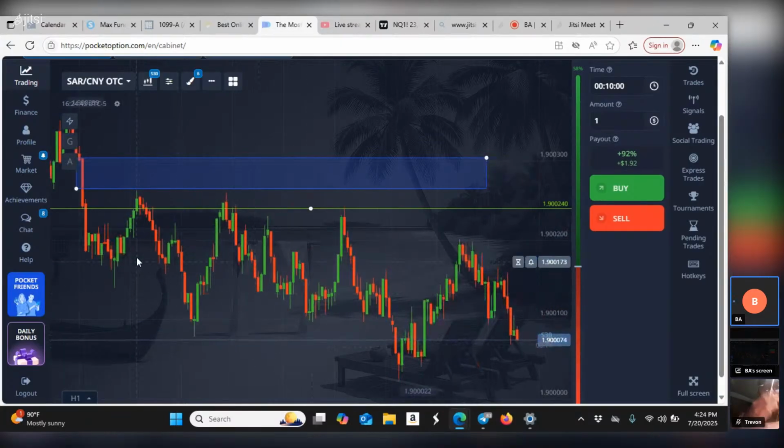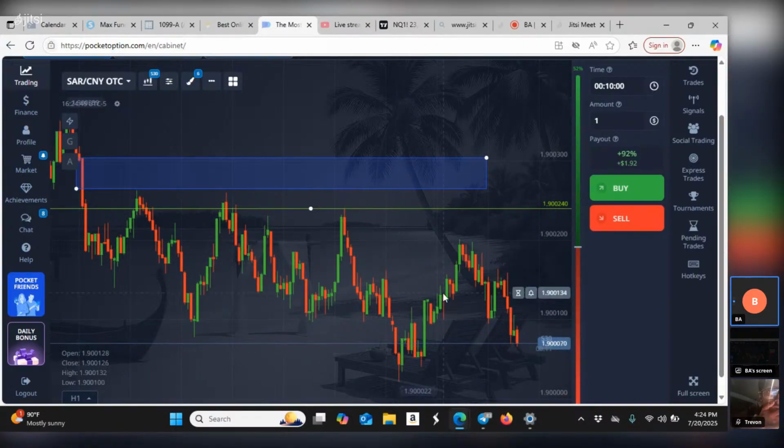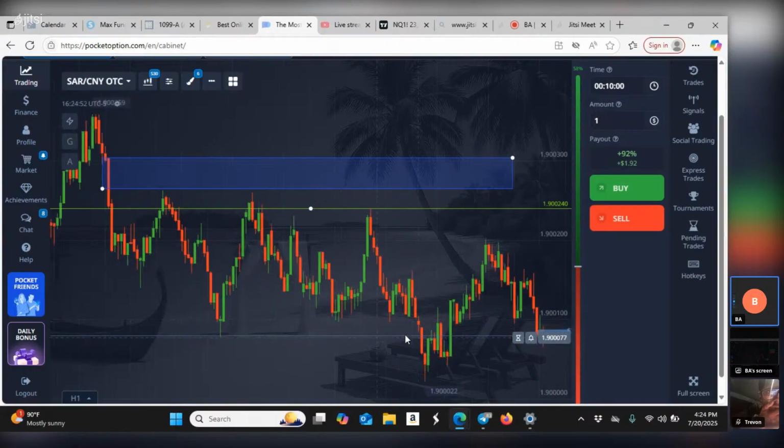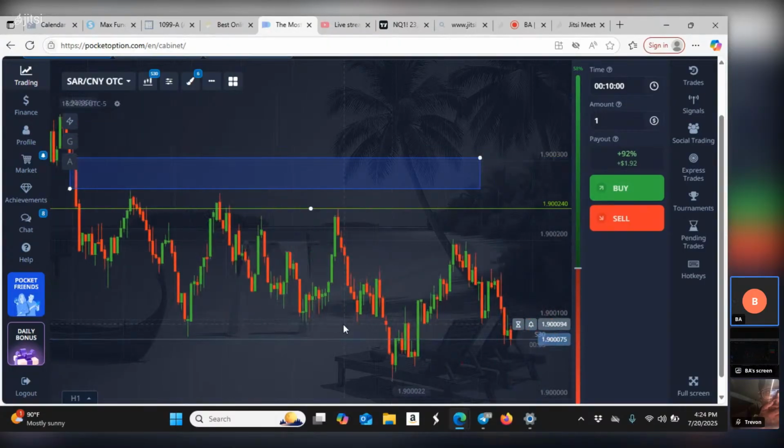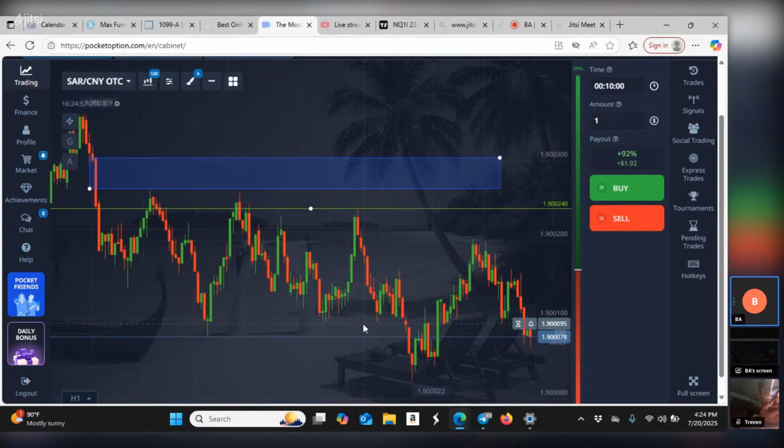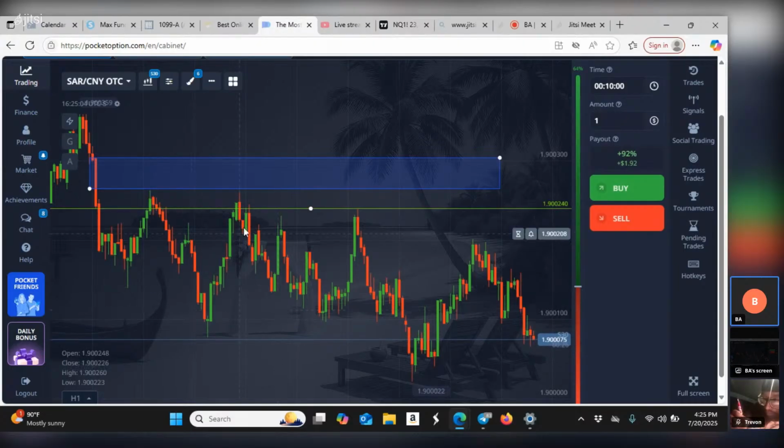So you see these little lower highs, all these lower highs, price is failing to make a new higher high. These little failure swings can be another indication that it's getting ready to go down. If it's failing to make a new higher high, lower high, lower high.